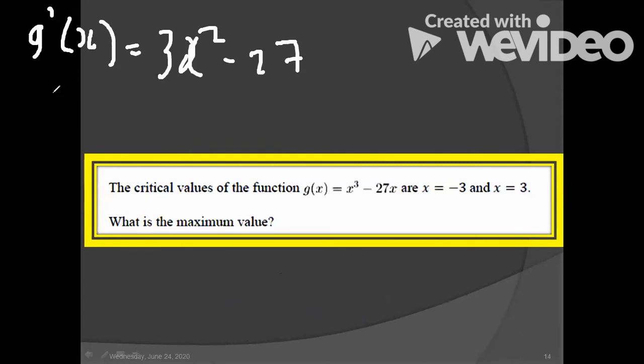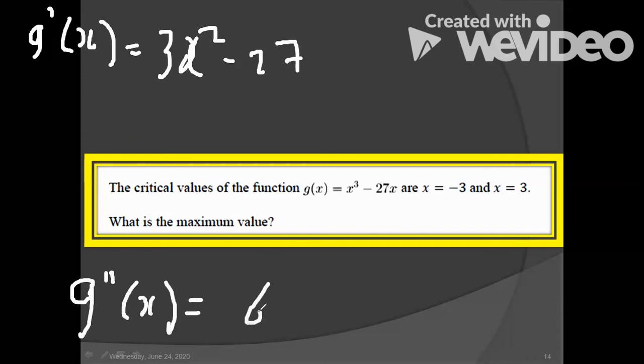Alright, so we differentiated this the first time. Now we're going to differentiate it another time. When we differentiate it another time, we get 6x. Now we're going to replace x with these critical values. So I'm going to put -3 there. If you put -3 there, you get 6 times -3, which is -18.